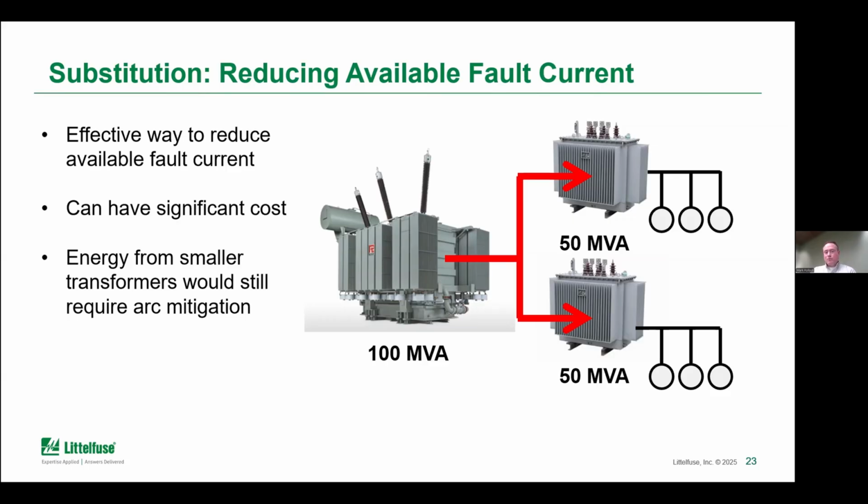And one thing to keep in mind is, even if we're moving to smaller transformers, each of those smaller systems still might be possible to generate a lot of arc energy and might require arc mitigation on each of those systems as well. So this is still a good idea in many cases, but keep in mind it may not stop you from having to have additional arc mitigation on each of those systems.